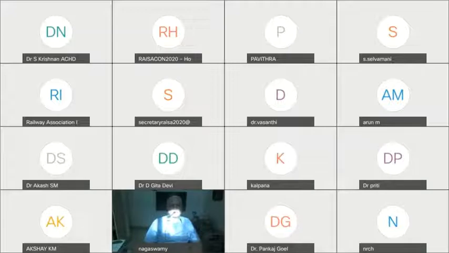Today I'm going to present my patient, who is a 67-year-old male, Mr. Murali, a trackman by occupation, coming from Kolattur. He presented with the chief complaints of blurring of vision in the left eye for the past 1 year, and seeing double vision and glare from bright light in the left eye for the past 2 months.